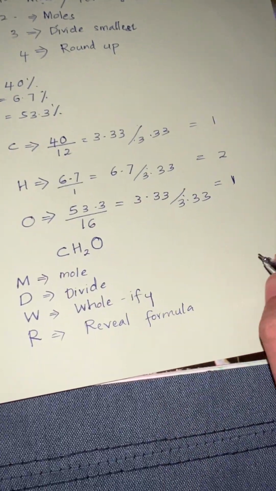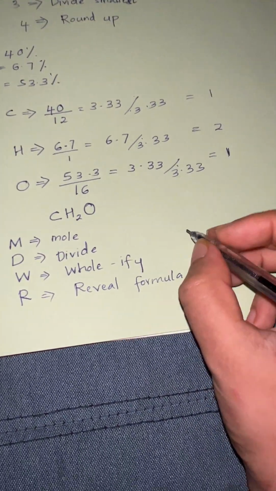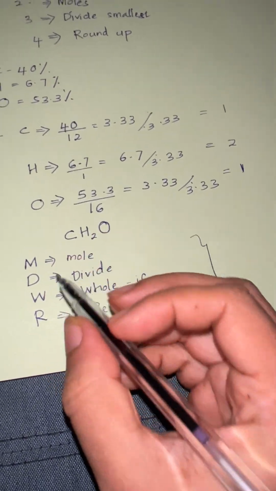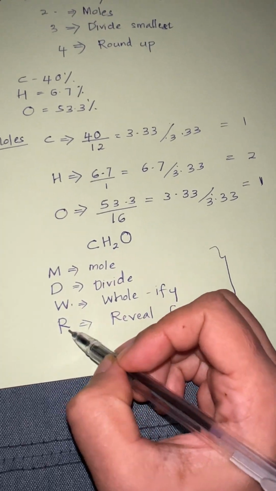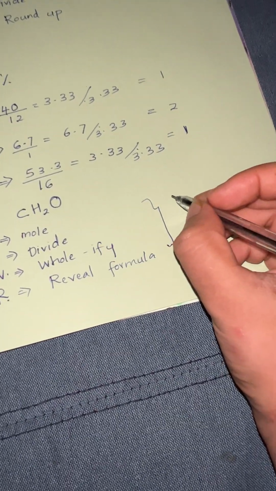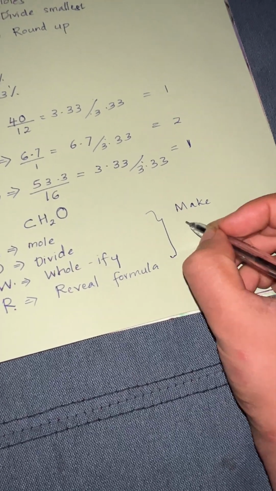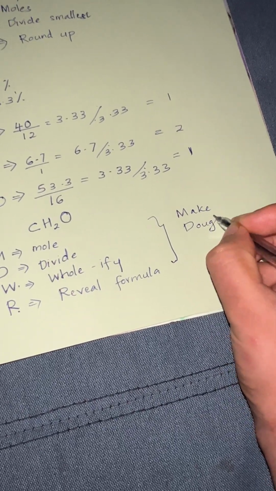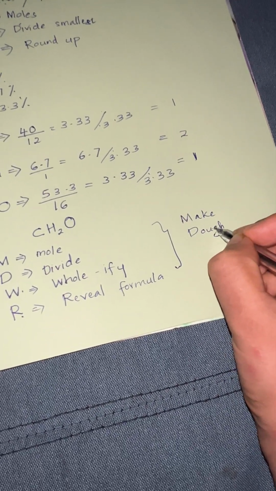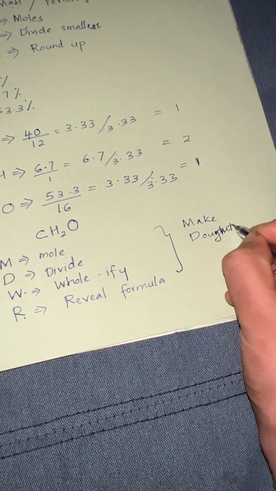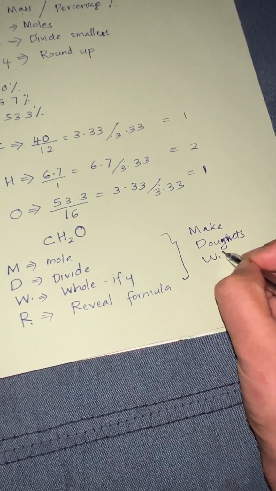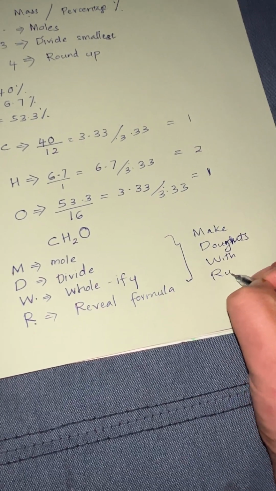As a mnemonic, to make it very easy for you all to remember, I just write this MDWR. Right? Make donuts with rules.